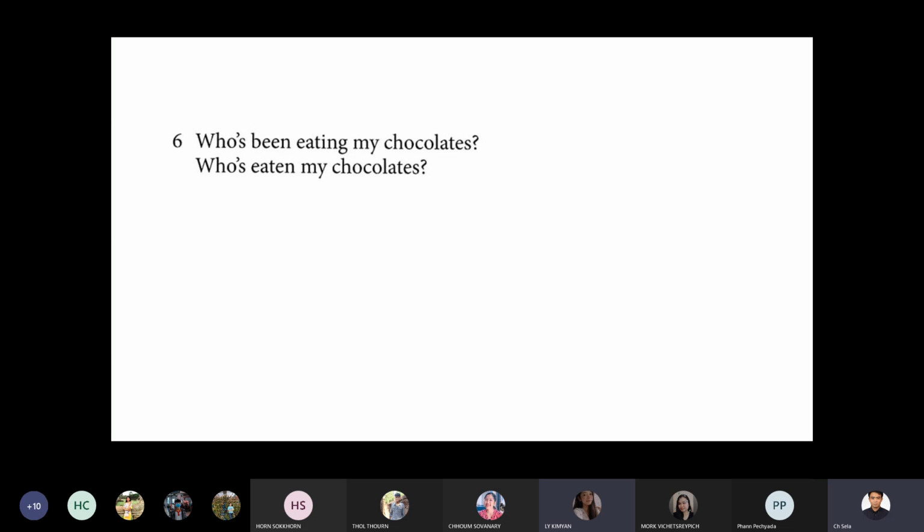Okay, so what are the differences between them? I think present perfect continuous is just happening. Just happening. Why don't we use present continuous? Who is eating my chocolate? You can use present continuous if you say just happening at the time of speaking. This is present perfect continuous. Different.